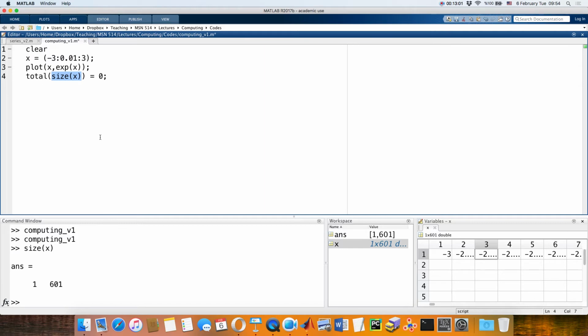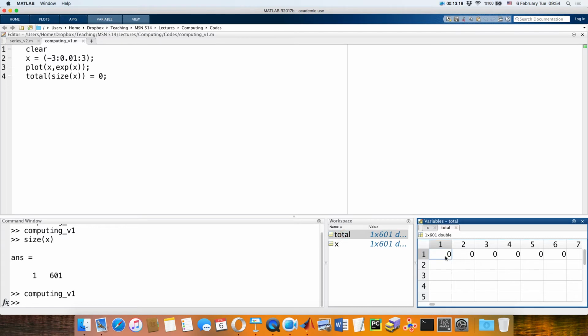This will return the size of the x vector. Okay, right? 1 times 601. Okay. Now that we run the whole thing, total is a vector that has only zeros, but it has the same length as x does, right?